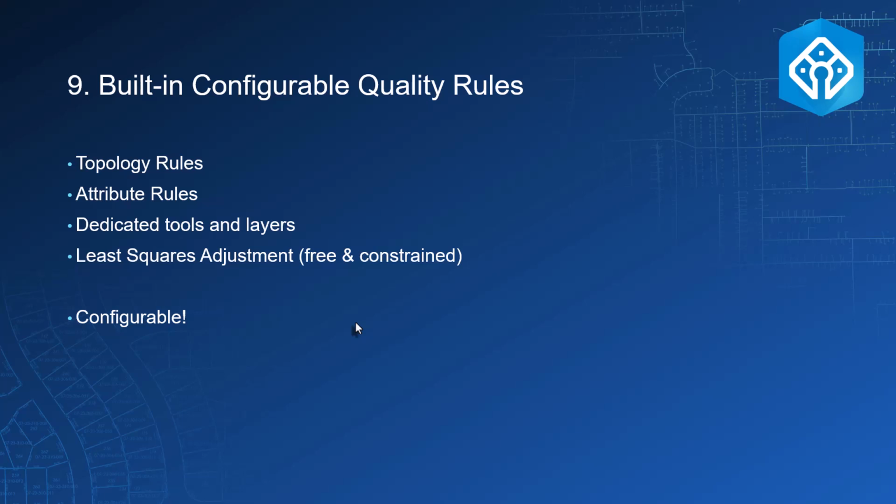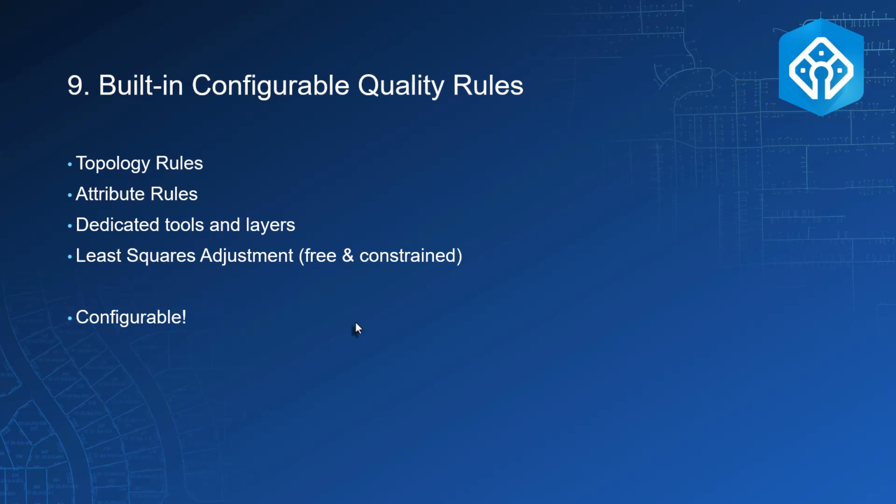Built-in configurable quality rules. Quality is very important in every system of record, and for that reason, we have many quality engines that we use. We use topology rules. We use attribute rules, which is our amazing framework if you are not aware of those yet. And we also have our own dedicated tools to find common issues.